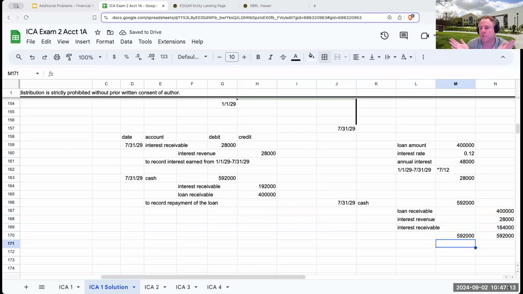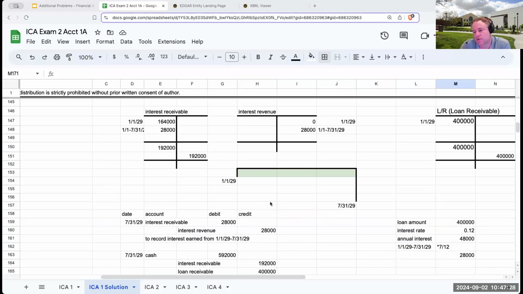So there's a lot of different ways you can approach these problems, and that's what makes accounting kind of fun sometimes. Well, accounting is always fun. But the best thing I can suggest as you're going through it is to visualize it.